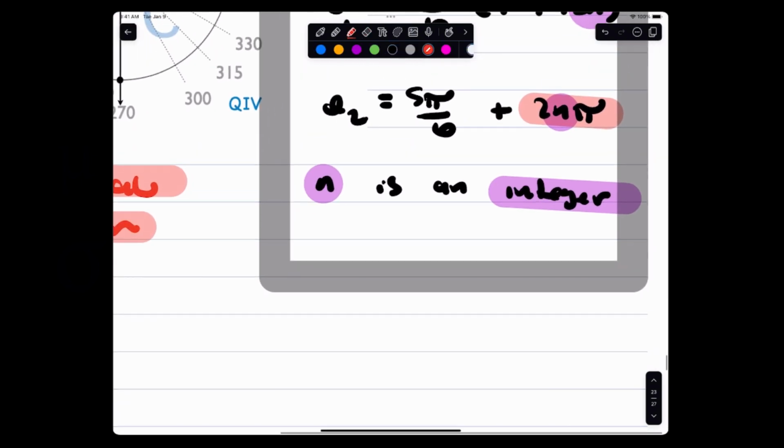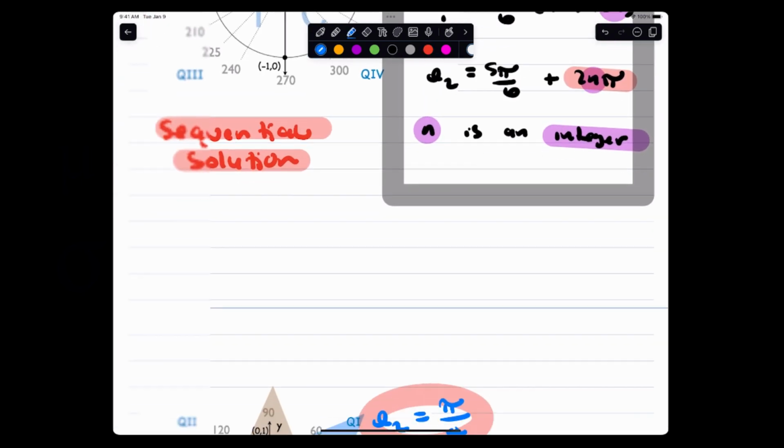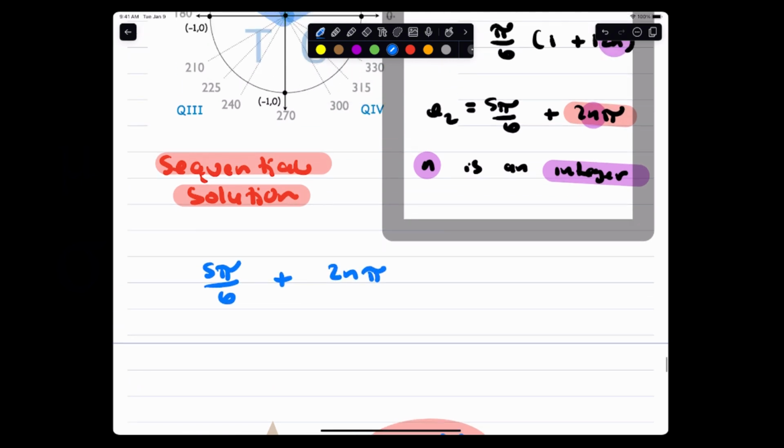So it's the same exact kind of process. We'll say, okay, you take the fraction of 5 pi over 6, and we add it with 2n pi.